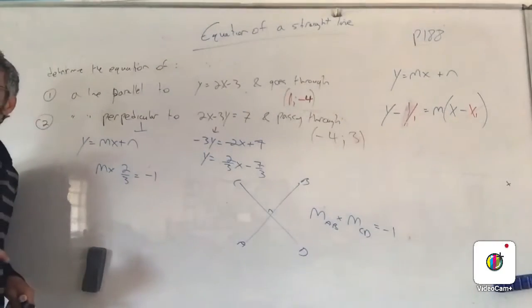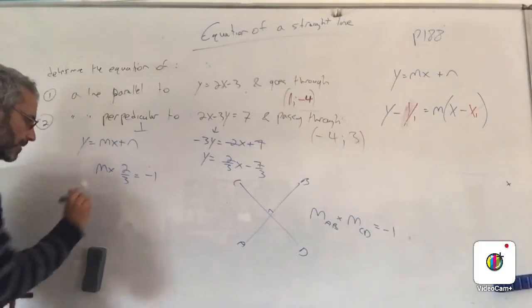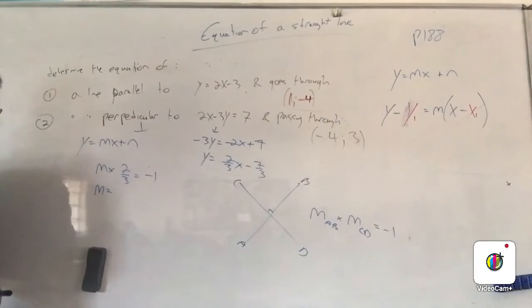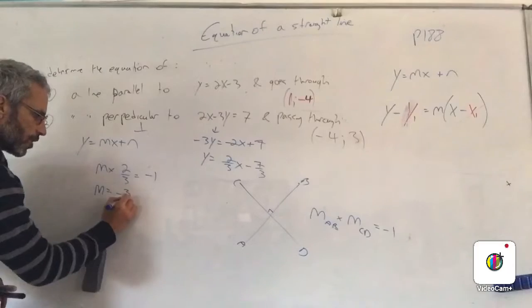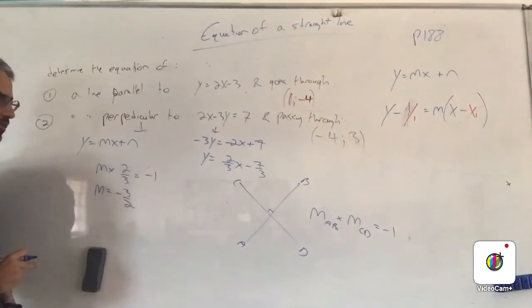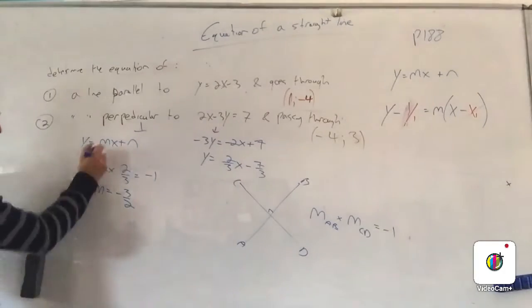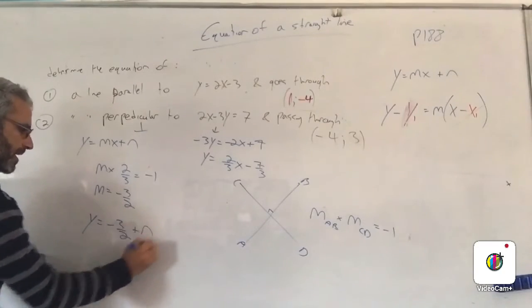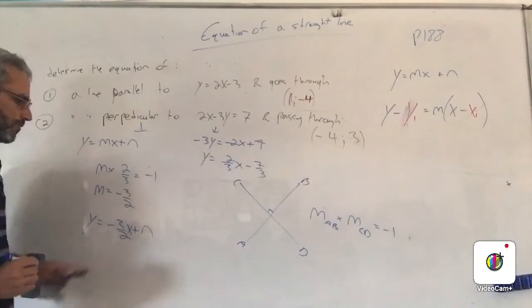Are we happy with that? That means that m equals, can somebody do that without too much thinking? Negative 3 over 2. We just multiply by the flipped fraction. I have a minus as well. Are we happy with that? So now the equation, I'll rewrite it again, is minus 3 over 2 x plus n. There's an x there. Didn't forget the x.